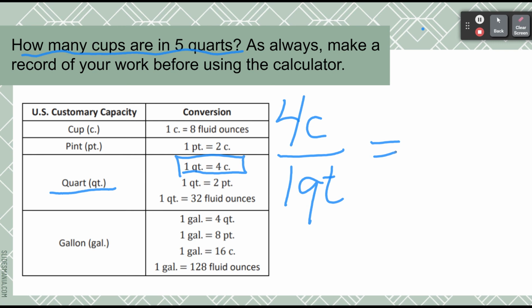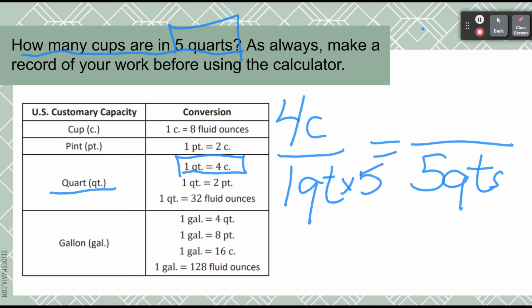I want to know how many cups are in 5 quarts. So since I'm asking for quarts, I know that I need to put this on the bottom. 5 quarts. Now to get from the 1 to the 5, I know that that is a times 5, which means I do the same thing to the top. 4 times 5 is 20. 20 represents the cups.